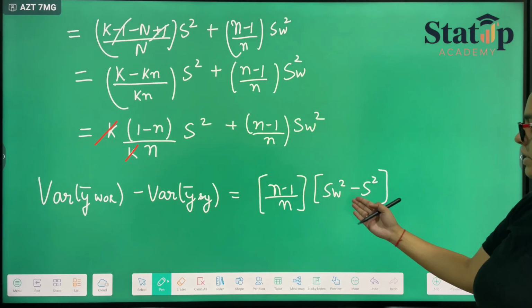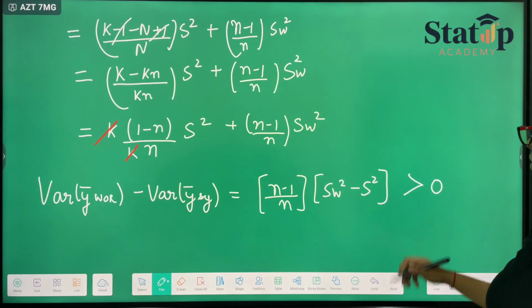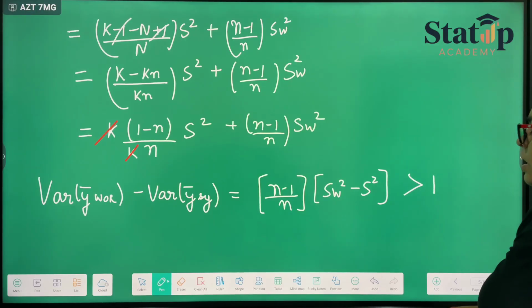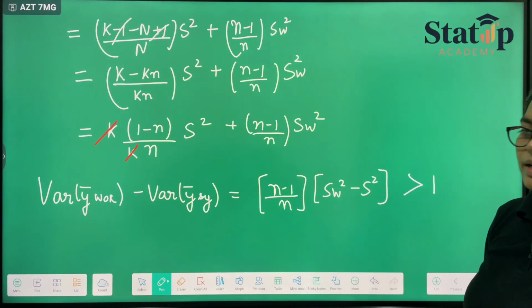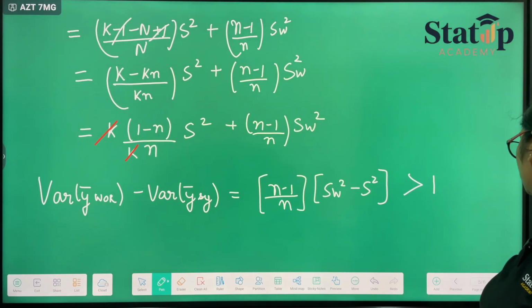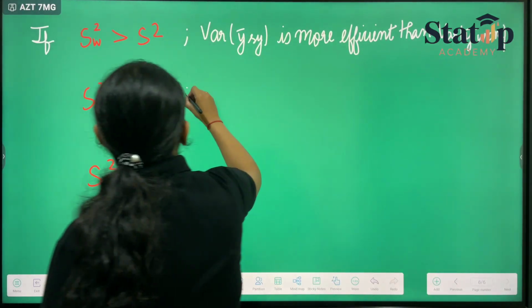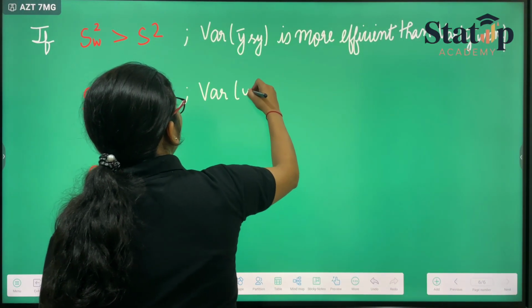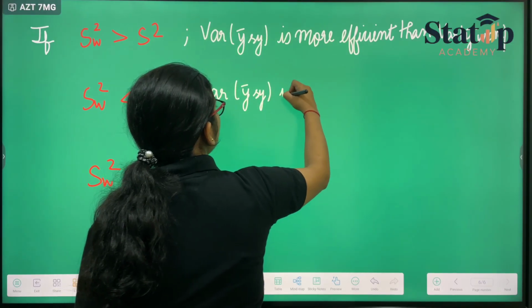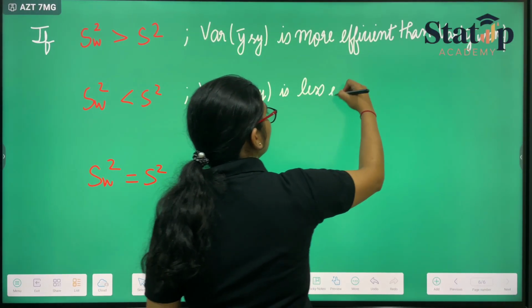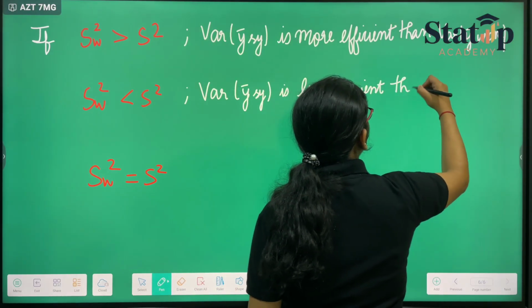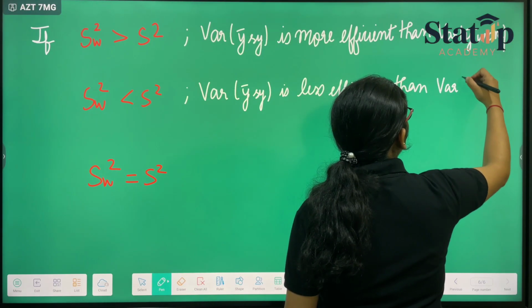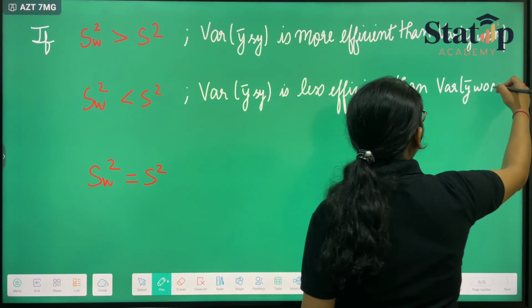See, if it is greater than 1, then Y bar WOR is greater than Y bar systematic, and the one whose variance is less is more efficient. Similarly, here variance of Y bar systematic is less efficient than variance of Y bar without replacement.